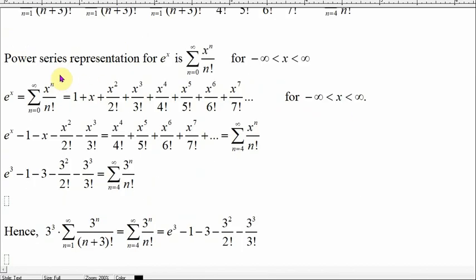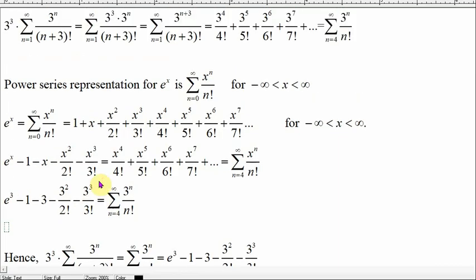Recall that the power series representation for e to the x is 1 plus x plus x squared over 2 factorial, and so on. And now let's move these 4 terms right here to the left side, and then let x be 3. We get e to the third minus 1 minus 3 minus 3 to the second over 2 factorial minus 3 to the third over 3 factorial, which is equal to the summation with 3 to the n over n factorial, n starting at 4.